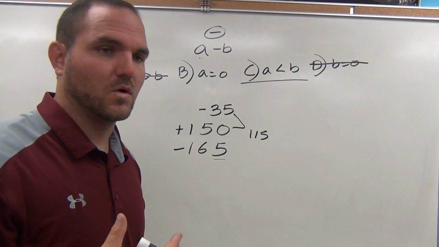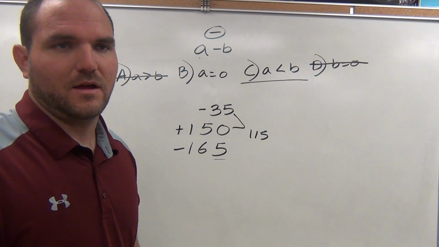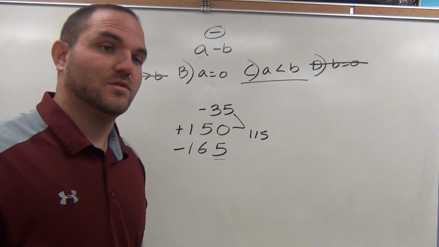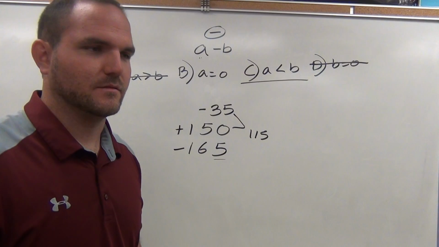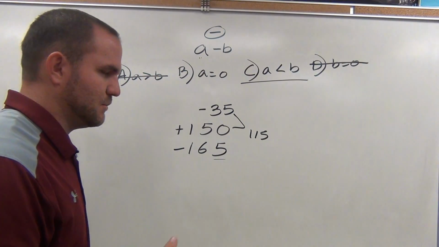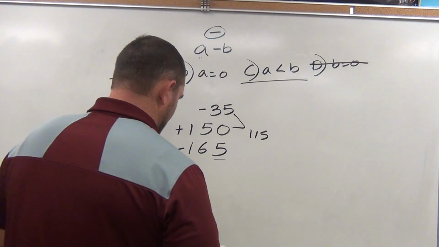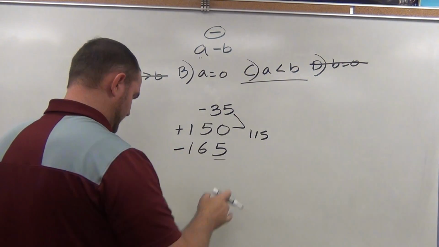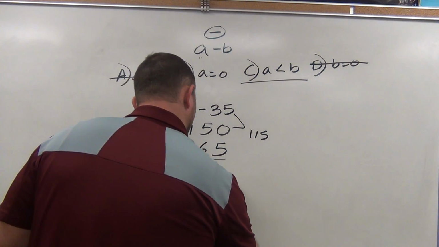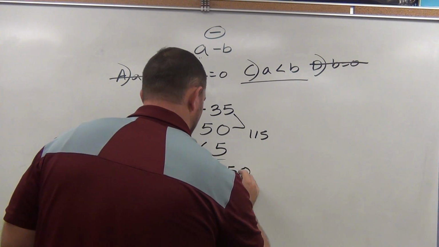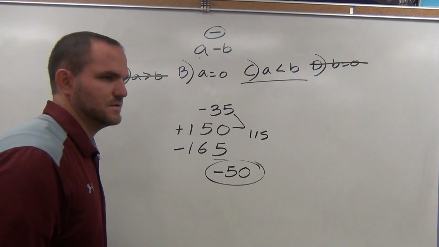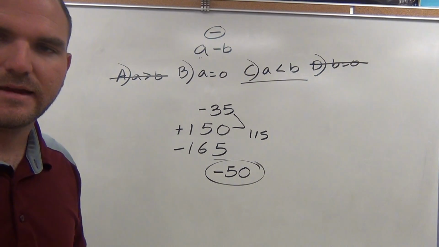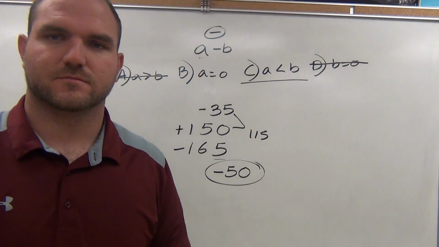You can take out more money than you really do have. And banks let you do that, but when you get more money in, they'll take it back. All right, so if we put these two together, a negative 165 and 115, it's actually negative 50. So you would be sitting with a negative $50. You would owe the bank $50.